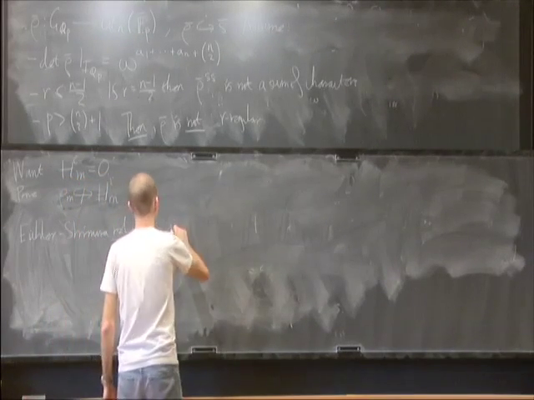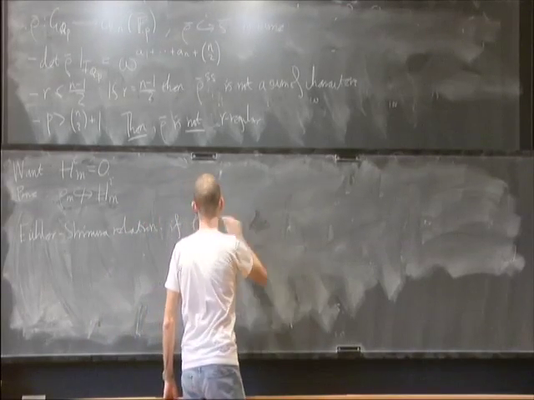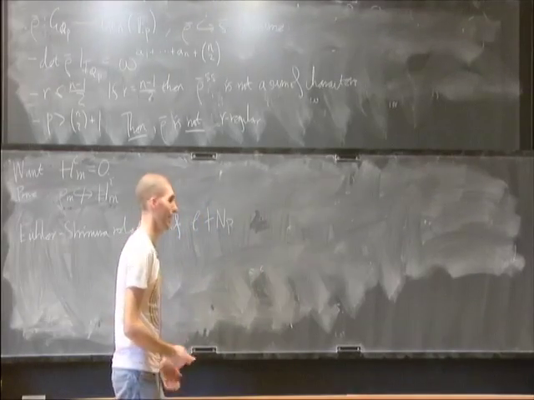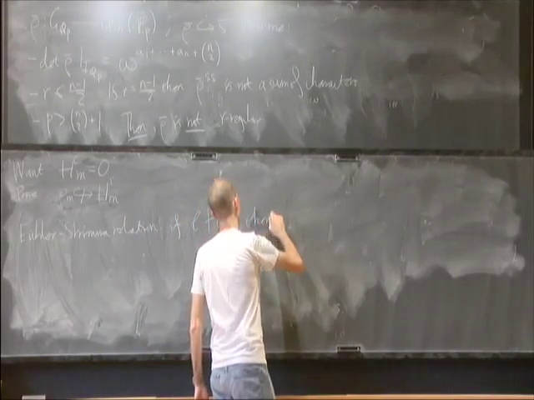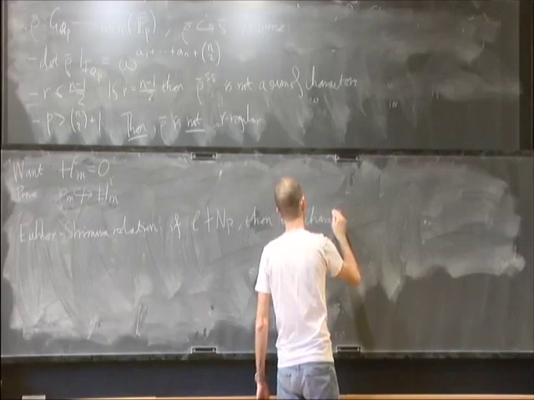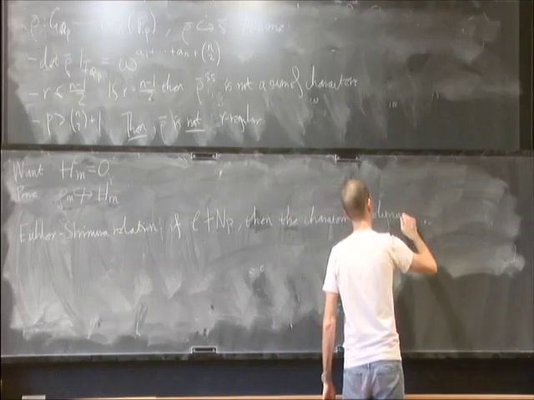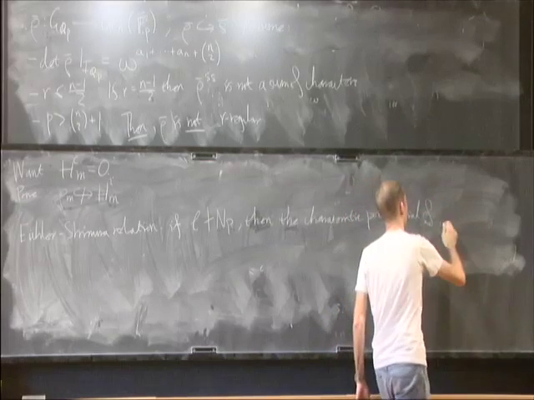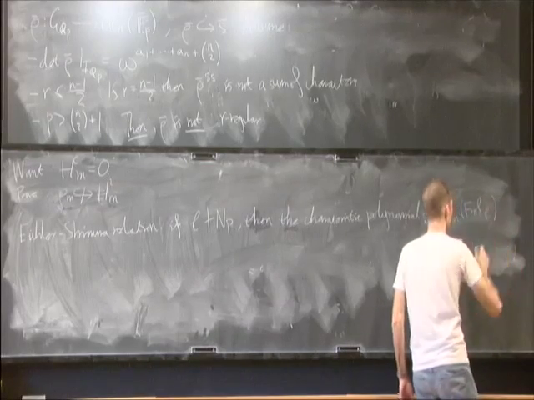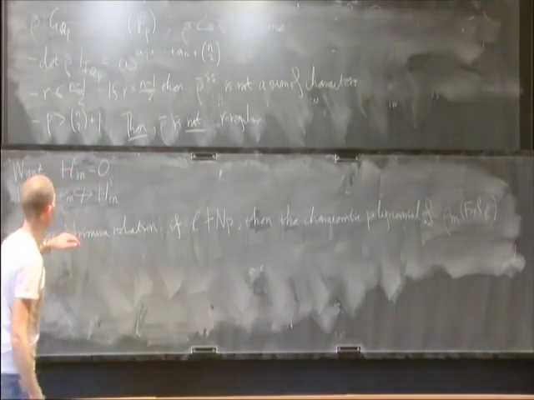tells us that, let me be a little rough, if L doesn't divide, let's imagine I'm working at some level N, and L doesn't divide NP, then the characteristic polynomial of this rho m of Frob L annihilates the action of Frob L on this cohomology.